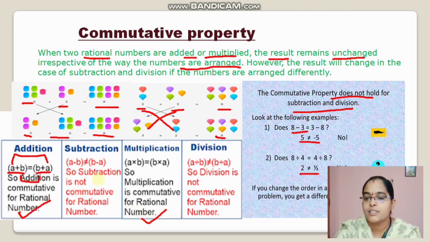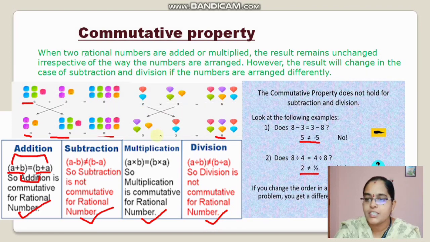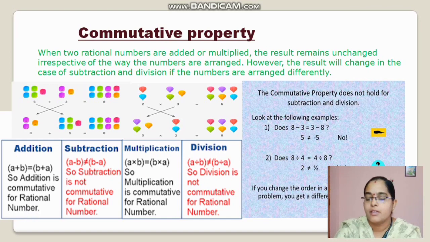Rational numbers are not commutative under subtraction and division. Commutative property is nothing but if we change the order. Here we are not changing any number. The same numbers we took in the first sum, only the order we are changing. If we change the order, then also the result won't change. So that property is nothing but commutative property.